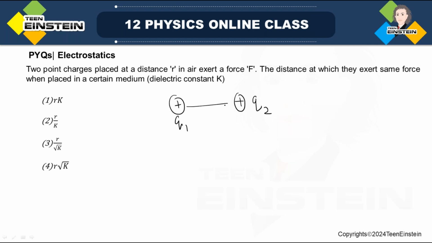They are separated by a distance r, say, and these 2 charges are kept in air, then what will be the force between them?